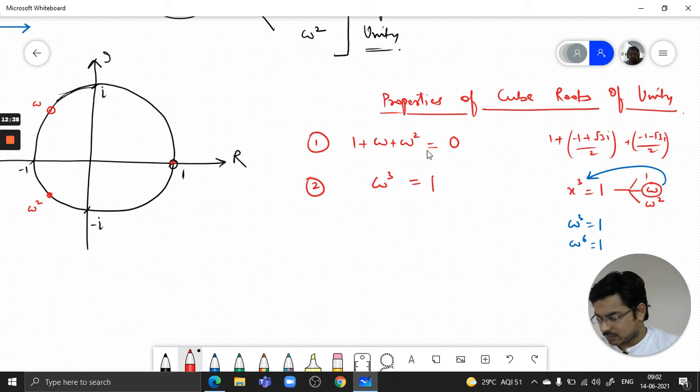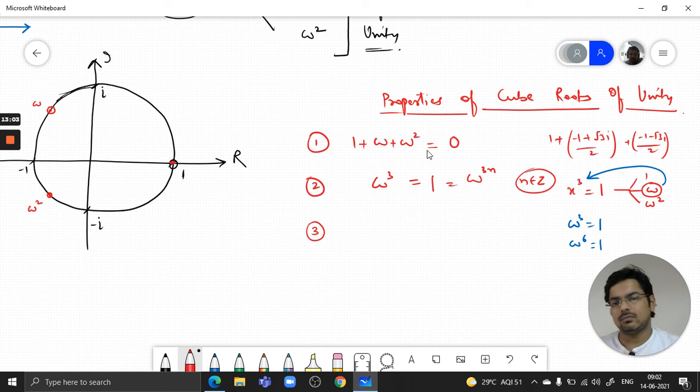Okay, hold on to that. We have these 2 properties of complex cube roots of unity. See, the 2 roots are of complex nature and 1 is of real nature. Similarly, we can write 3n, where n being any integer.